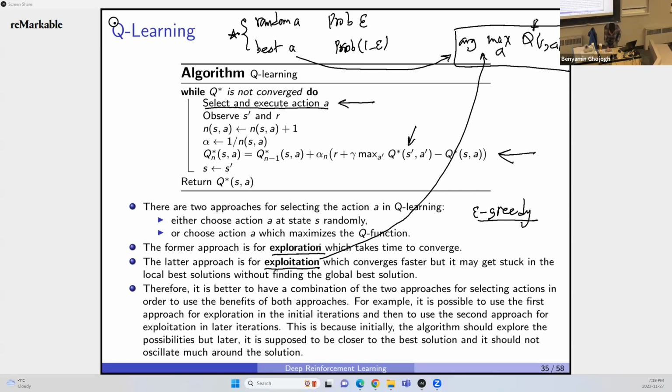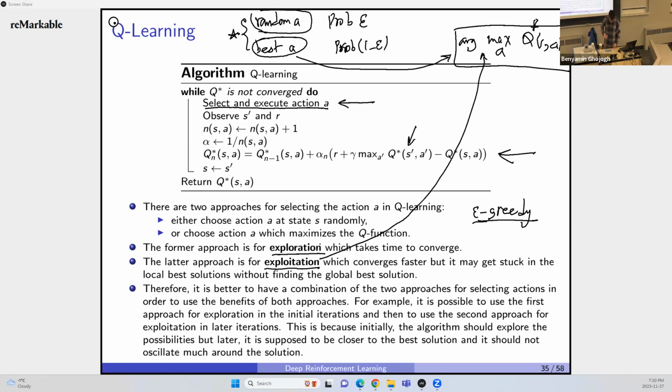So this is exploration, right? And this is exploitation. So initially, epsilon should be large. But gradually, we should decrease epsilon, right? This is called epsilon greedy algorithm. Why is it called epsilon greedy, not 1 minus epsilon greedy? Because when we do random action, we are greedy to search this whole space. Right.